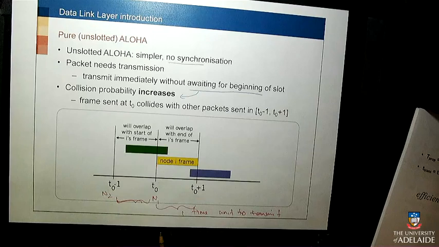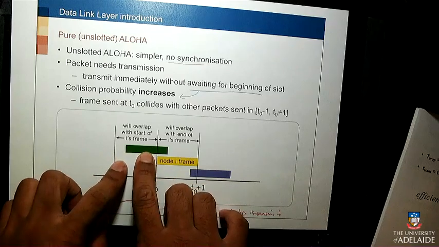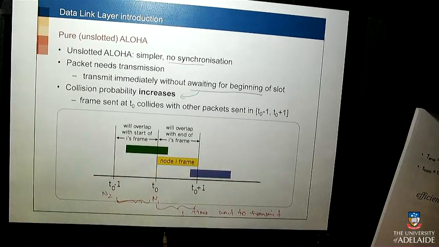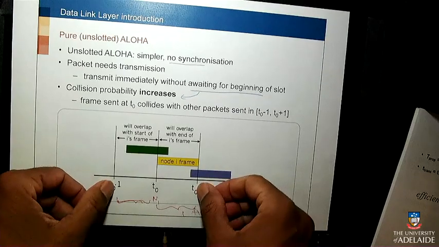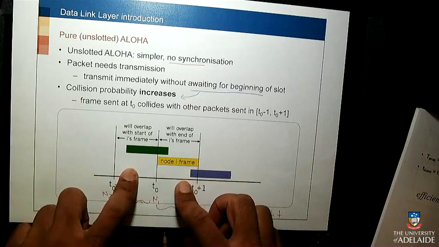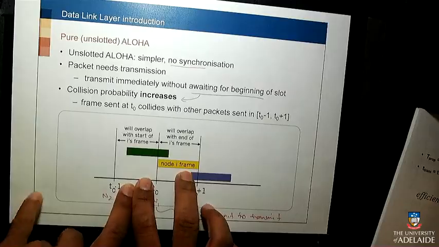So you almost double your collision probability, because the other people are not waiting for you. With transmission time and propagation delay, we're just going to collide with each other at the end. Effectively you end up doubling your collision probability.